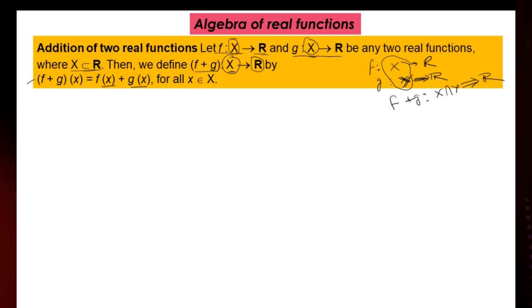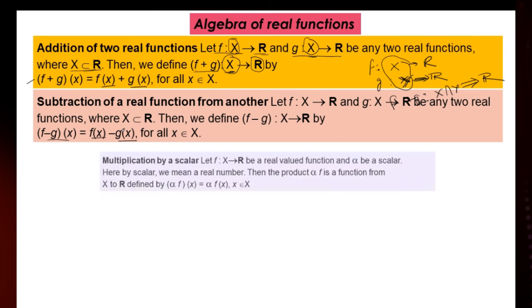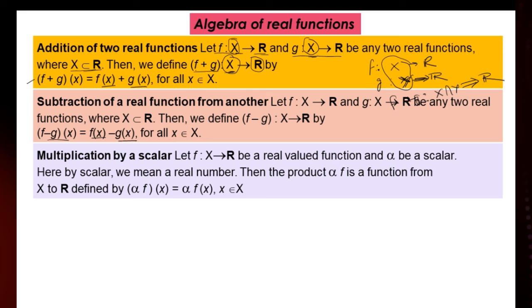Here it is the same, so no issue, and we can write it directly. So for f plus g, the domain will be X. Similarly, subtraction will be possible when the domain is equal, and we simply subtract f(x) minus g(x) if the domain is the same.